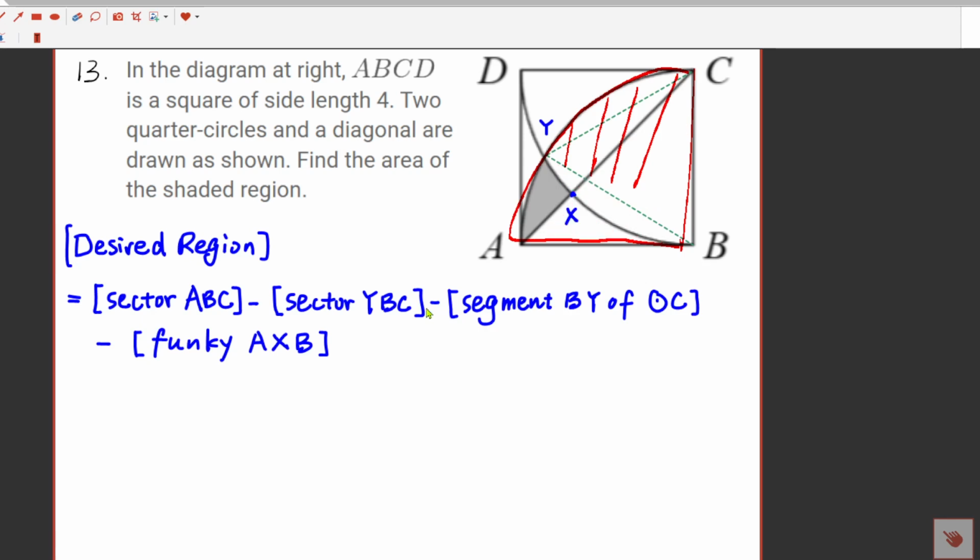Okay, so now let's calculate these areas one by one.